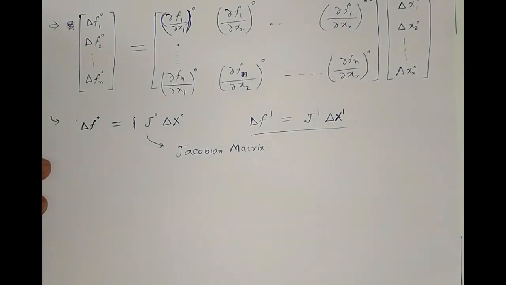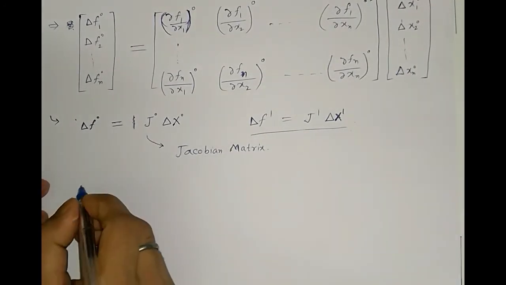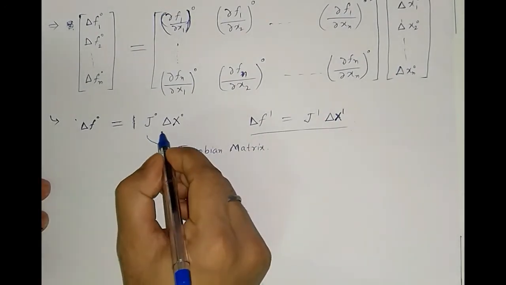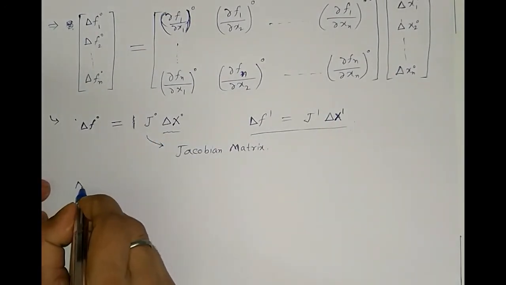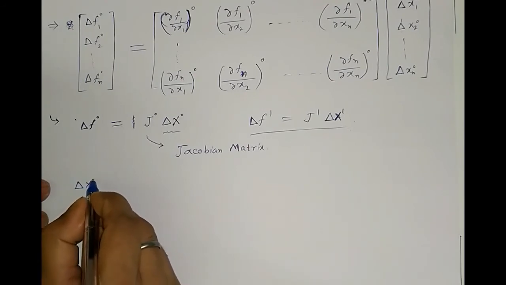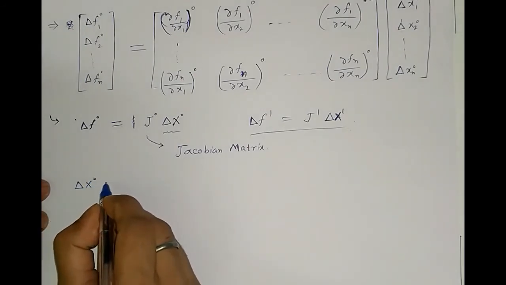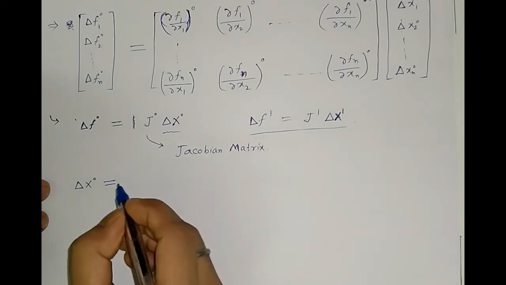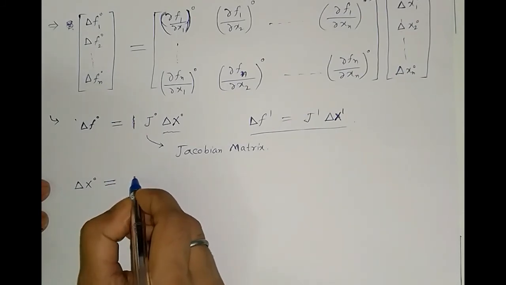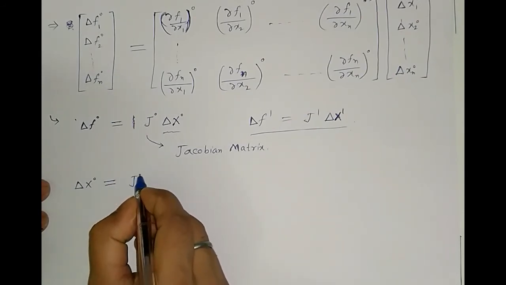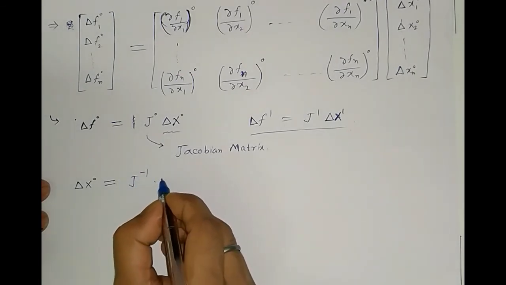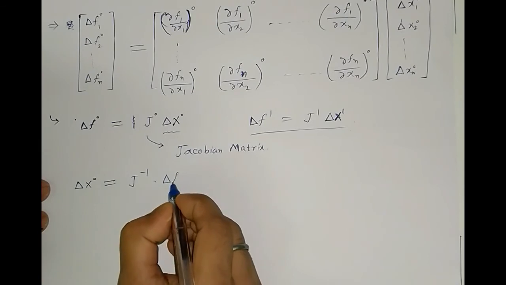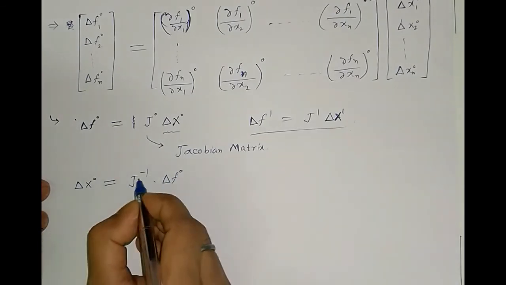So in this way we can evaluate these errors. Delta x0 will be equal to what? J inverse, that is the Jacobian inverse, into delta f0.